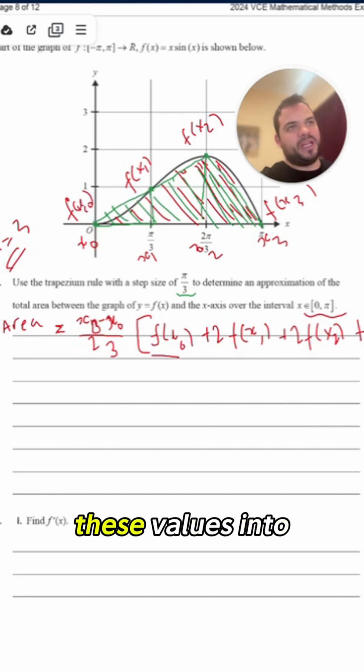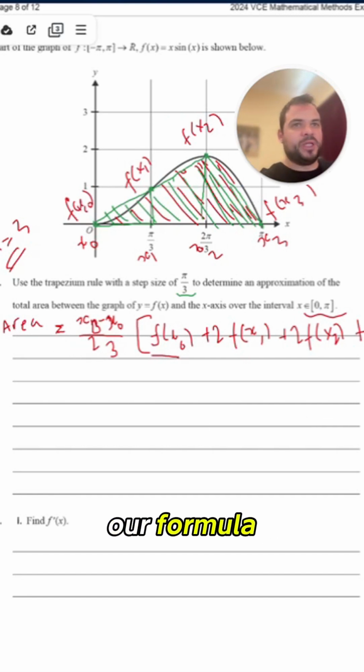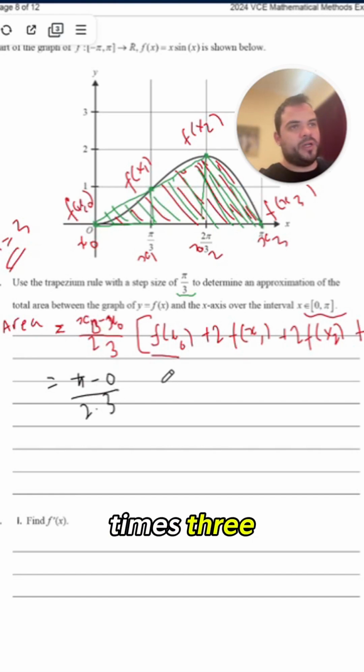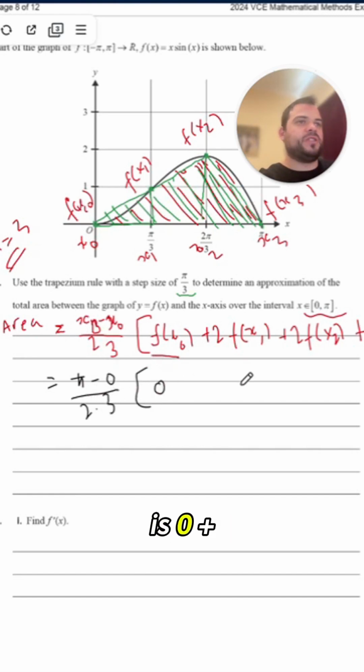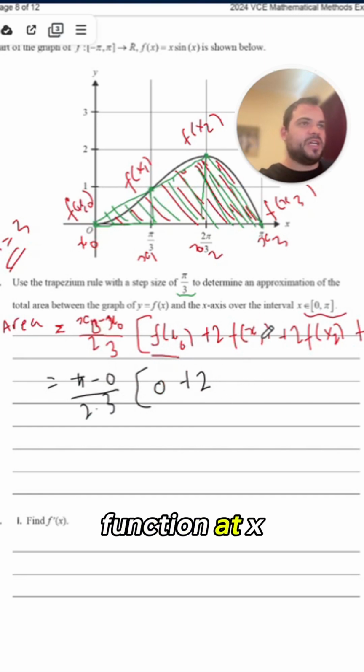So plugging these values into our formula, we get x3, which is pi, minus x0, which is 0, divided by 2 times 3. And then f of x0 is 0, plus 2 times the function at x1.